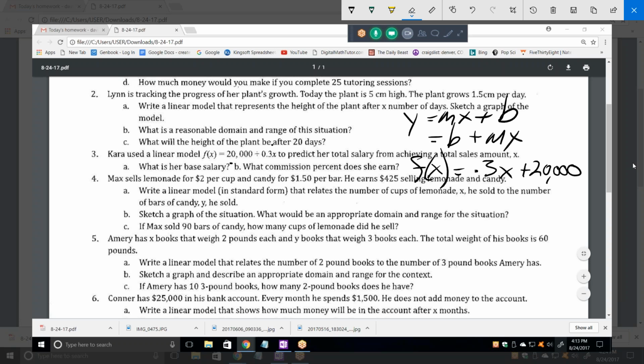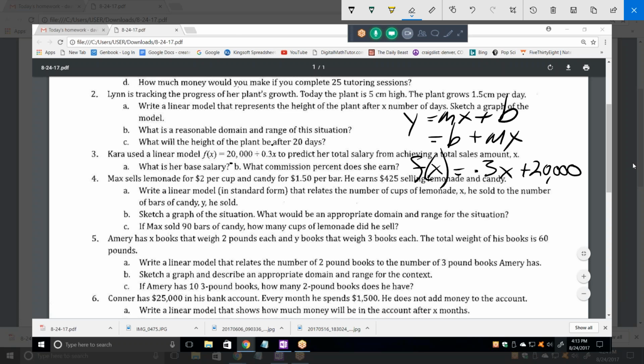If you were working at this job, you'd know exactly what it was, 100 times over, because you would care about it a lot. f of x is your salary. This formula is being used to predict her total salary.